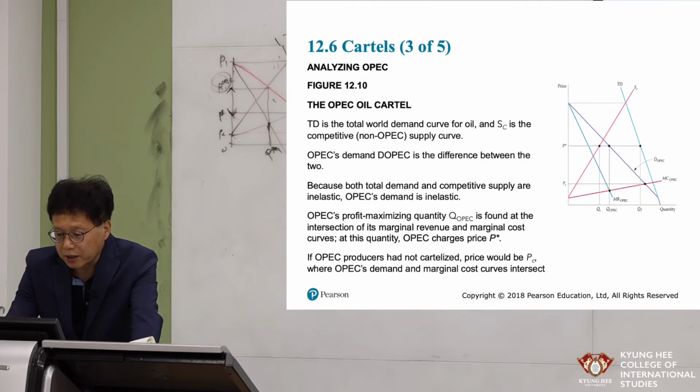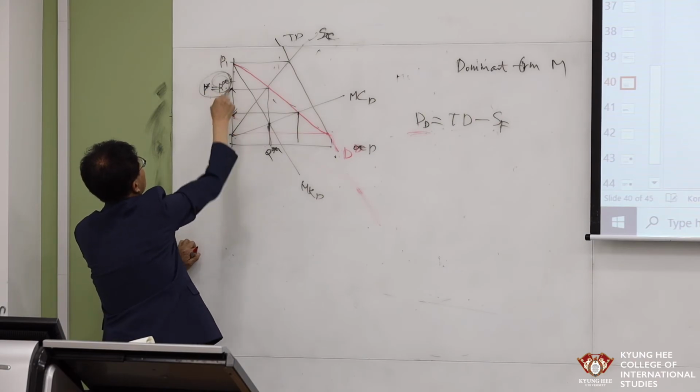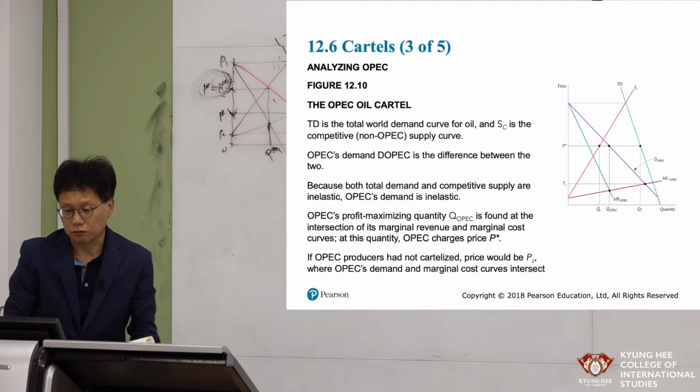Because both total demand and competitive supply are inelastic, OPEC's demand is inelastic. OPEC's profit maximizing quantity Q OPEC is found at the intersection of its marginal revenue and marginal cost curve. At this quantity, OPEC charges P star or P OPEC.